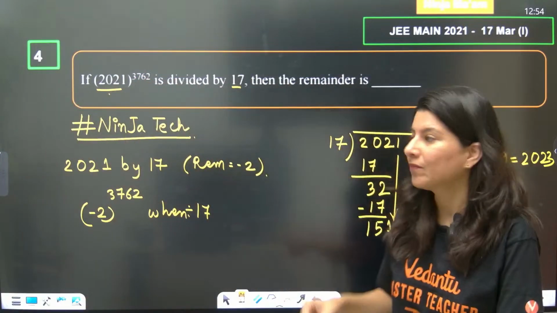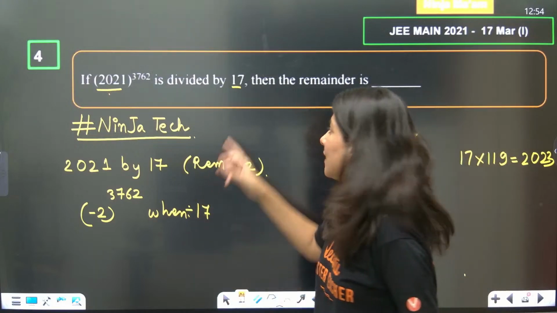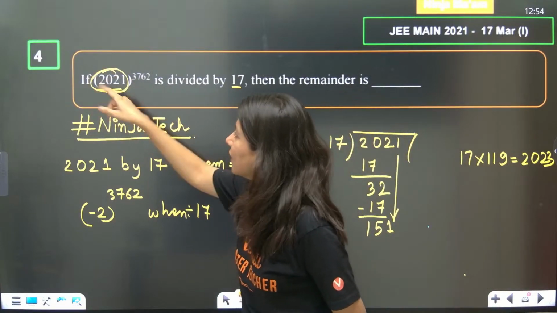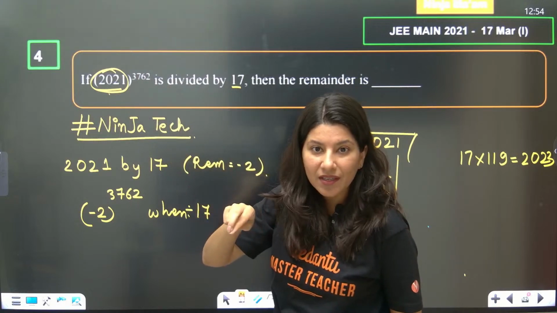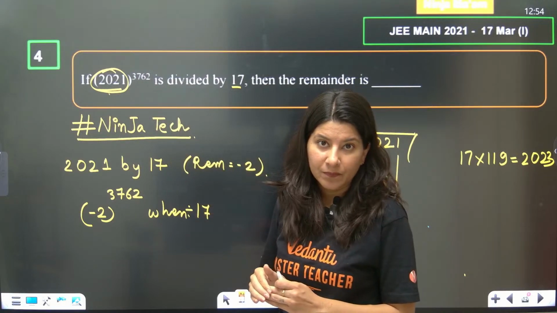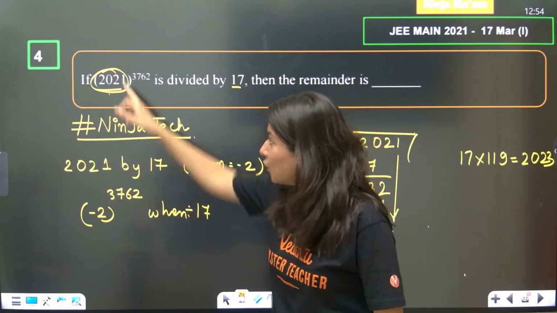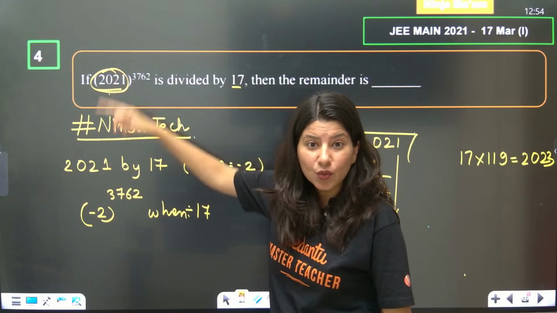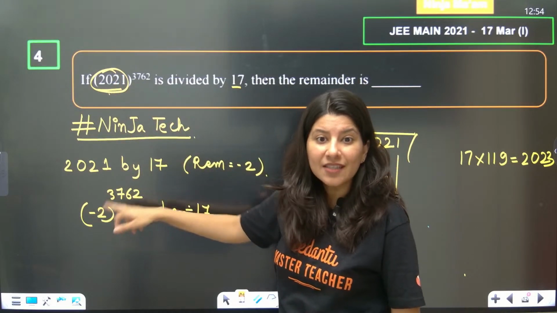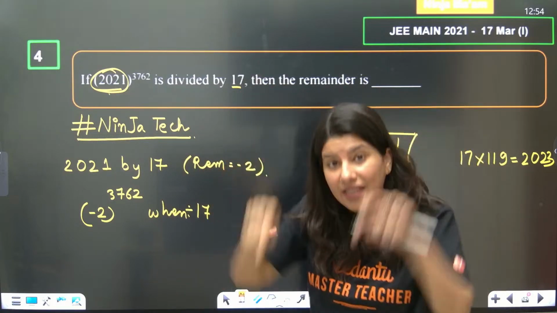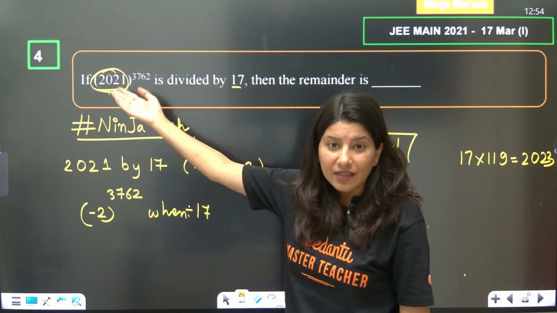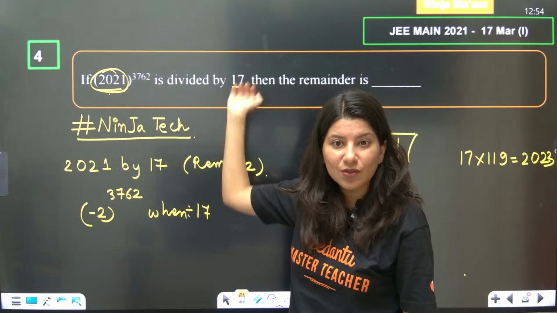Let me repeat. What I am trying to say is, this is your base. 2021 divided by 17, you got minus 2 as the remainder. Now you just replace 2021 by the remainder. Minus 2 raised to power 3762 when divided by 17 will give the same remainder as 2021 power 3762 divided by 17.